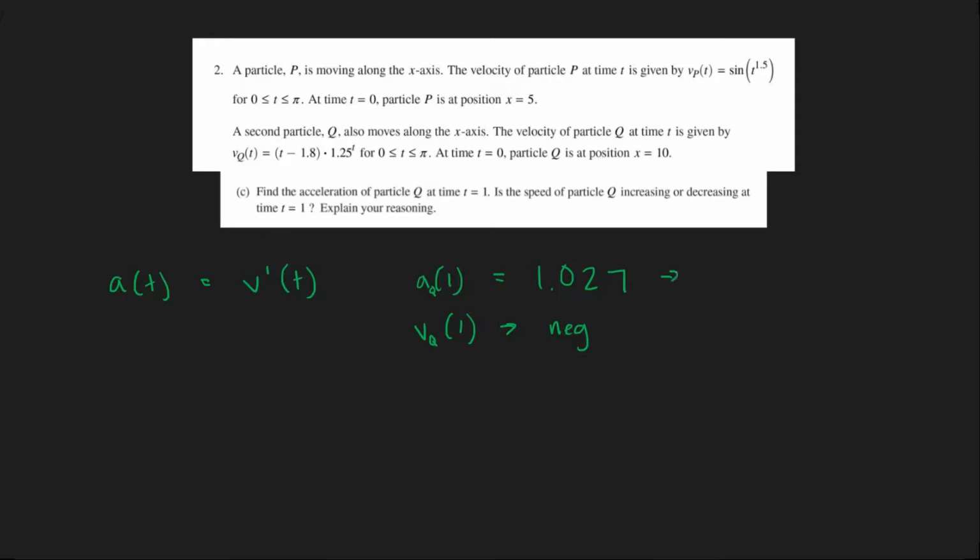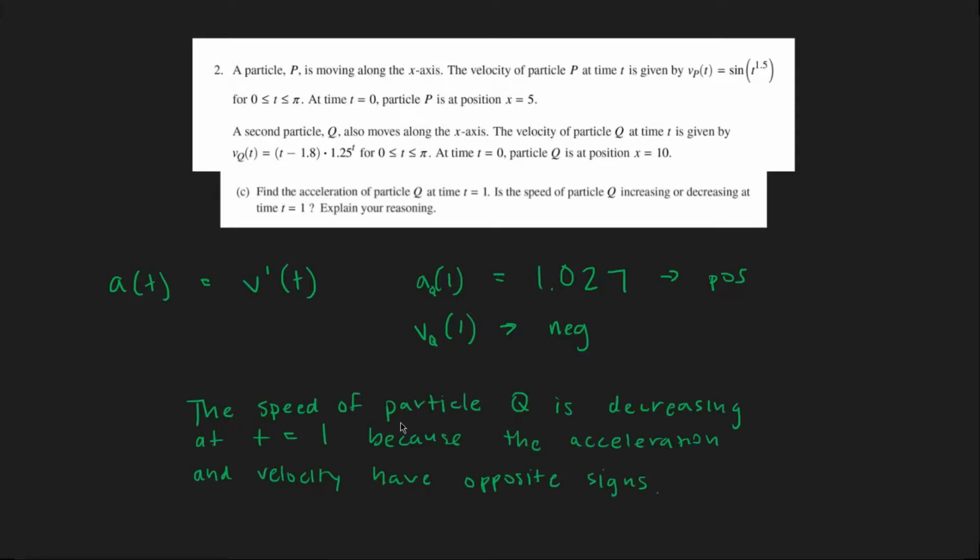And this, we know that it's positive. And if we compare the acceleration and the velocity at this time, we can see that the signs are opposite. So we can write that the speed of particle q is decreasing at time t equals 1 because the acceleration and velocity have opposite signs. So there is part C.